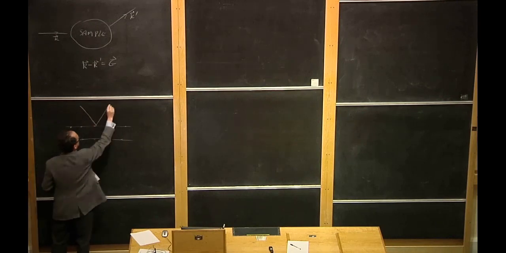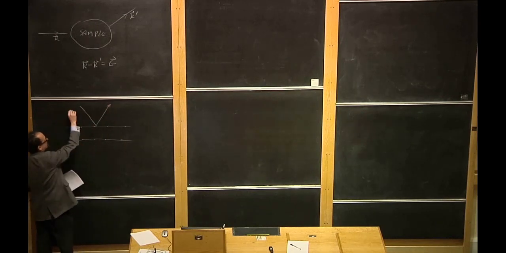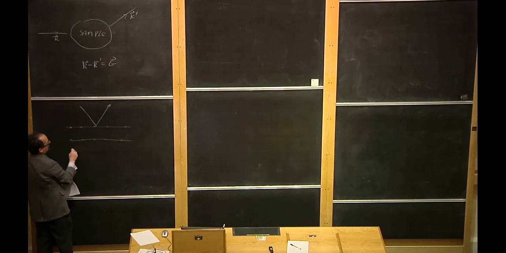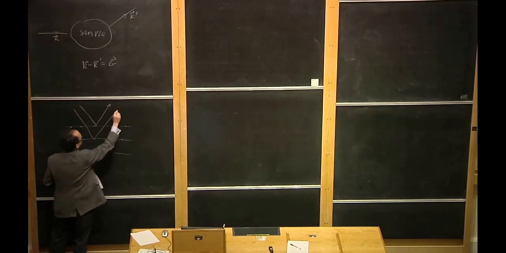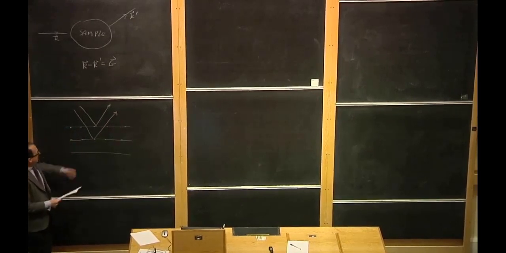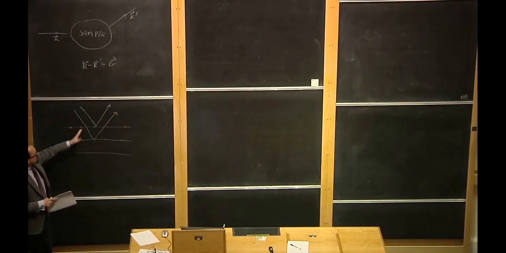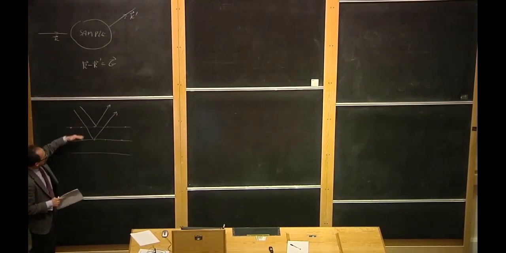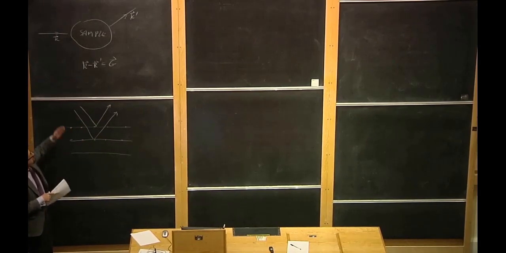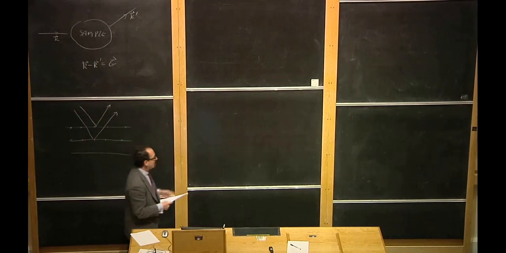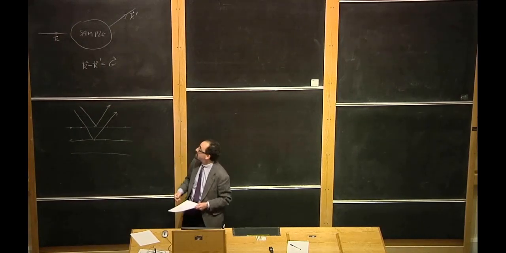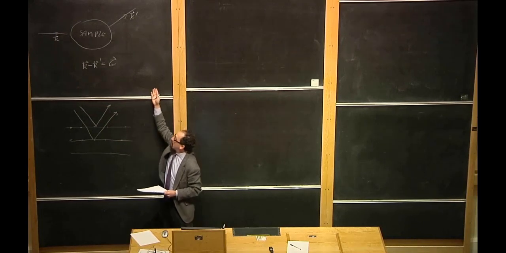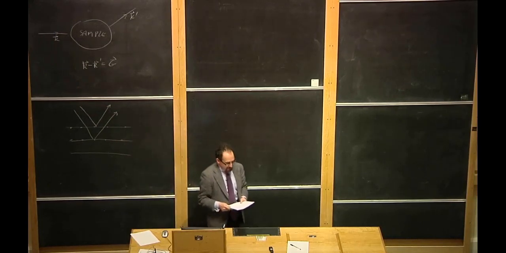If you have light or X-rays or neutrons coming into a family of lattice planes, we understand how you can get diffraction at certain angles off of a parallel family of planes. I'm going to claim that this condition is actually equivalent to that. So first we're going to review some things about diffraction off of planes. Then we're going to show that the Laue condition and the diffraction condition are the same.